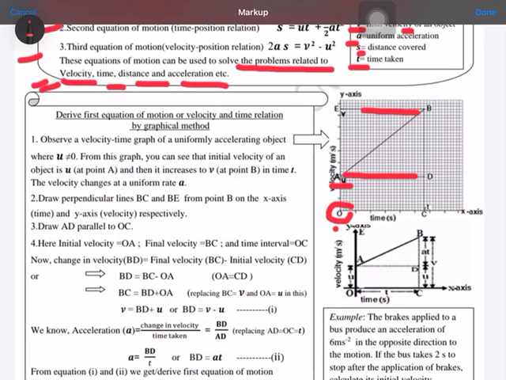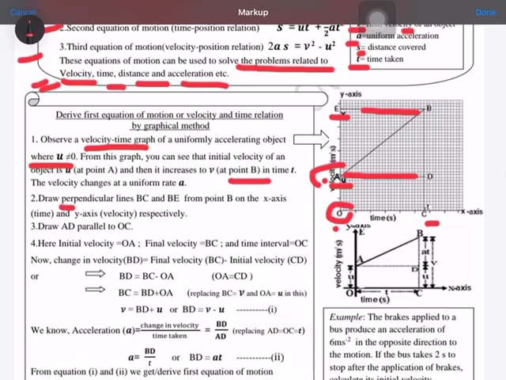So the object has already moved some distance and is at position A. So the initial velocity will be u here, and this will be the final velocity v. And this is the time. So observe a velocity time graph of an object where u is not zero. As I told you, we have taken the initial velocity. The initial velocity of the object is at point A and the final at point B. T is the total time taken.